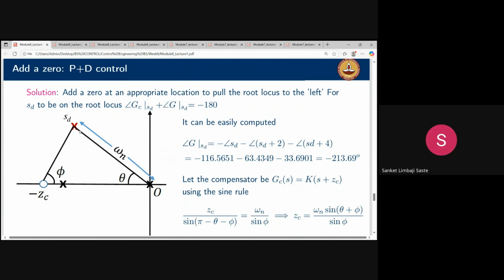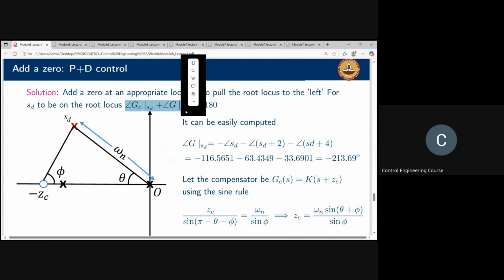So for that, what you have to ensure is, at SD, the angle of G and the angle of GC should add to minus 180. Because for the closed loop characteristic equation, 1 plus KG is 0, right?